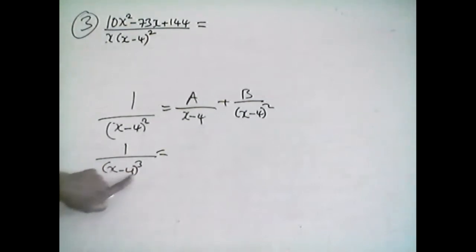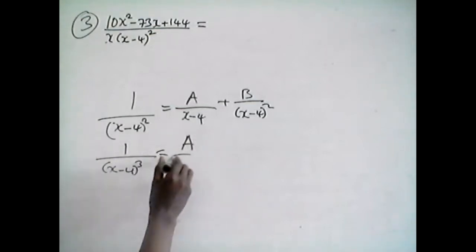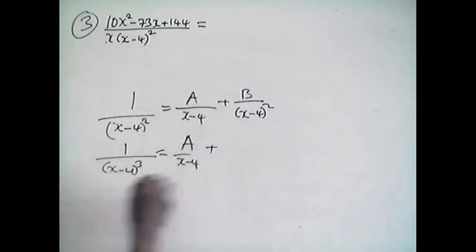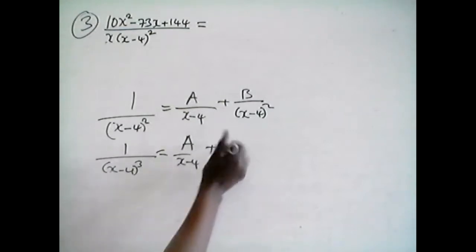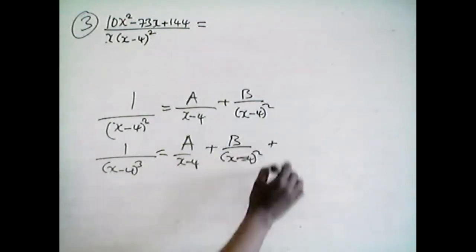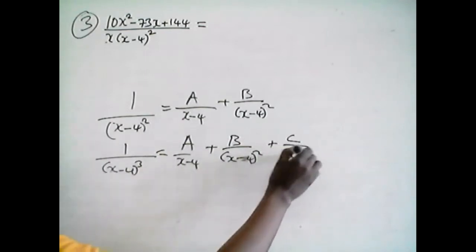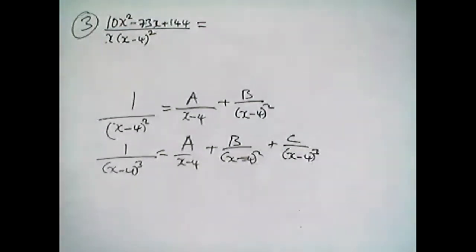We would have had 3 fractions: a fraction for A, for B, and for C. It would have been A over x minus 4, plus B over x minus 4 squared, plus C over x minus 4 raised to the power 3.